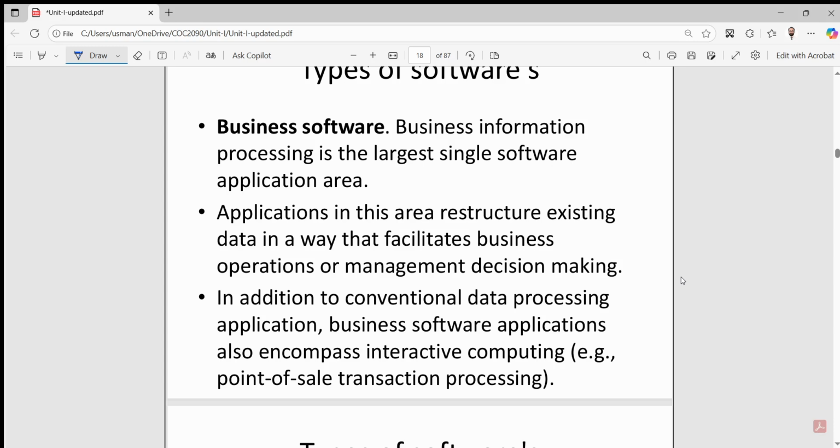In addition to conventional data processing applications, business software applications also encompass interactive computing like point of sale transaction processing. So the business area changes with the demand, and with the change in the demand, the software has to change. These software are created for a line of business, like point of sale transaction processing.